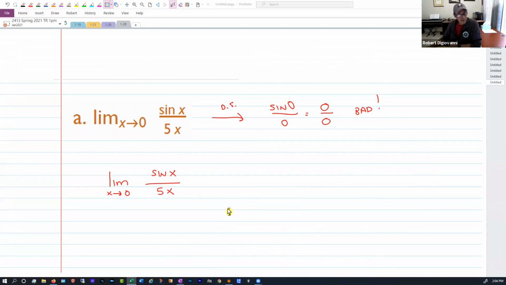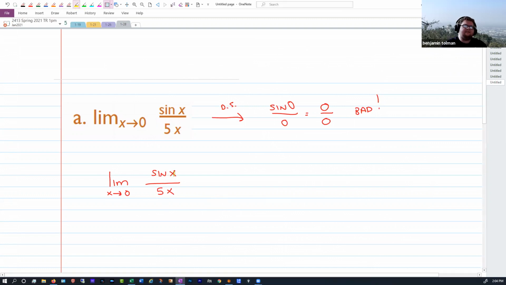Well, just tell me, do you have sine of junk over junk? Kind of. Here's the junk, that's the junk, right? It's got to be x. Now, we don't have x on the bottom, we have 5x, don't we? Is there something you can do algebraically to separate the 5 from the x?